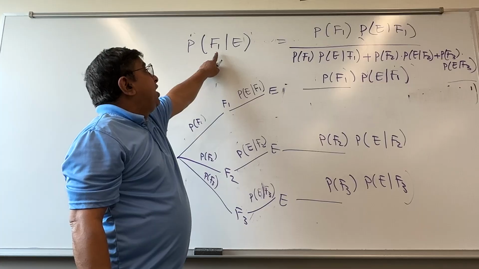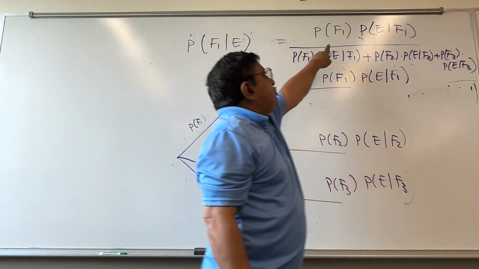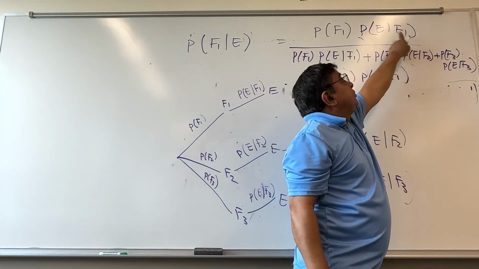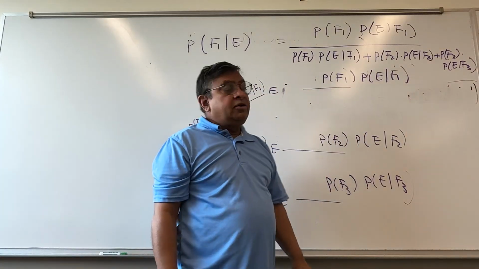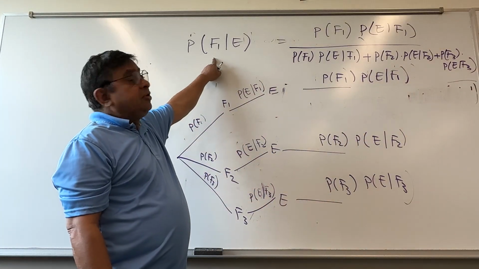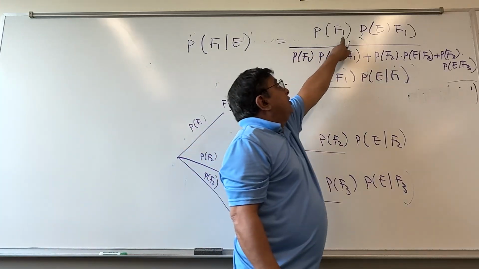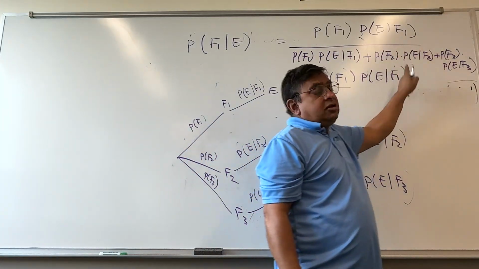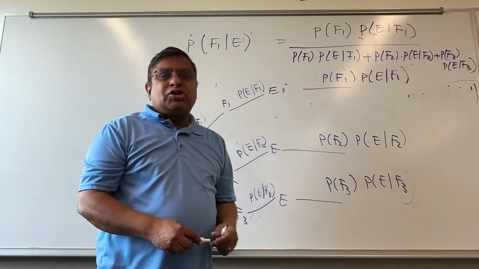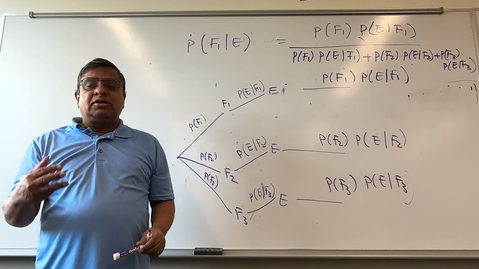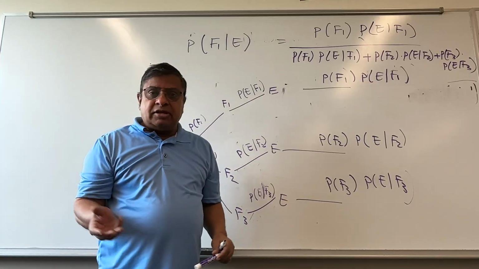If you want to compute F2 given E, this changes F1 to F2 here, and in the bottom exactly the same. If you want to compute P of F3 given E, this will be F3, that will be F3. The denominator is still exactly the same. So this is how you apply Bayes' theorem.